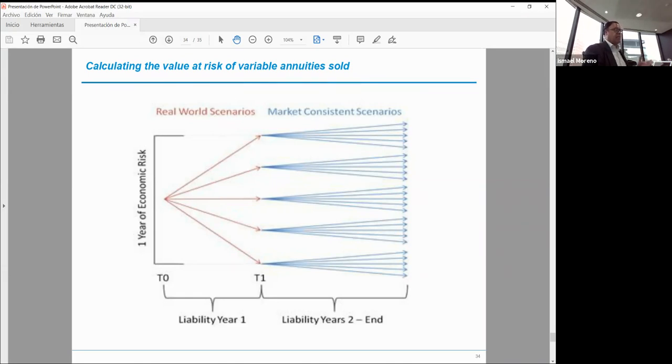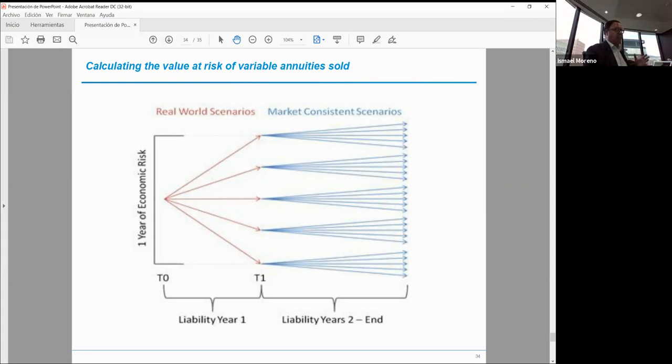By nesting, it means that first of all, I need to simulate, as in any value at risk model, some real world scenarios, and my value at risk would be the 1990th percentile, for instance. And then for that 1990th percentile, I would need to value the option. I would need to simulate market consistent or risk neutral scenarios for that specific stress scenario and then value the option. And that would be the stressed value of the option.